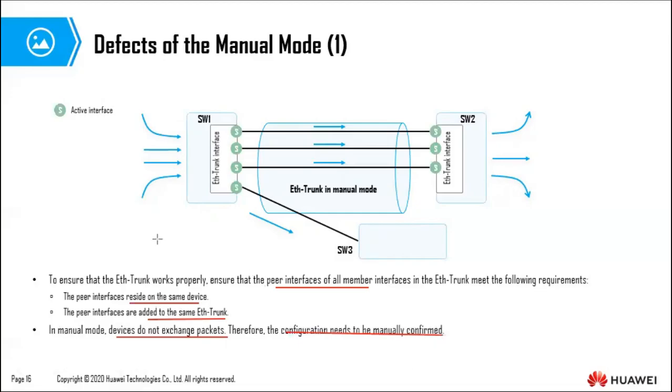So what does this mean? It means that the first one here, interfaces reside on the same device. So if you don't have, for example, G004, you don't have an interface called G004 on SW1, you cannot add G004 on this Ethernet trunk.